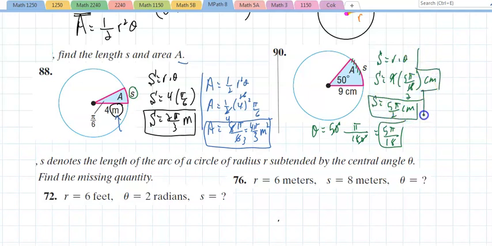And the reason I put centimeters there, I don't mind you leaving the answer like this on a test. And if I look for area, area is 1/2 r squared times theta.